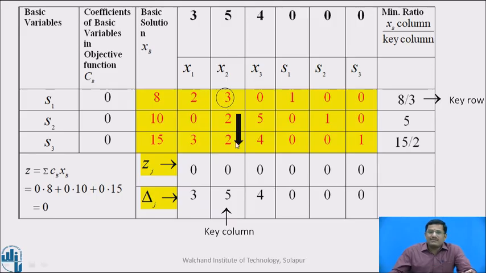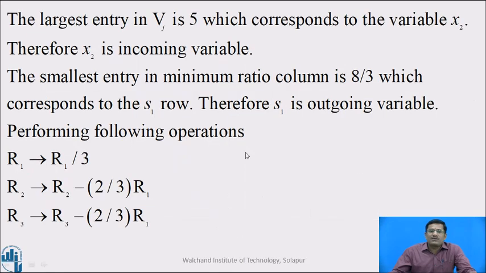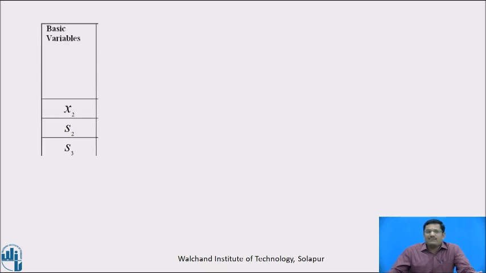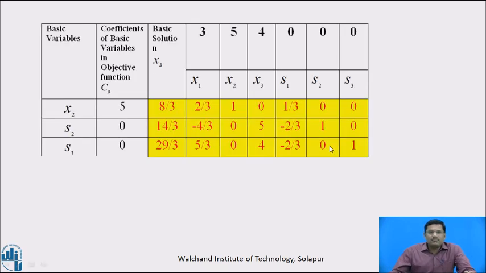To convert the third entry 2 to 0 using row number 1, we perform the transformation R3 changes to R3 minus 2 by 3 R1. After using these 3 transformations, we get a new modified simplex table like this.